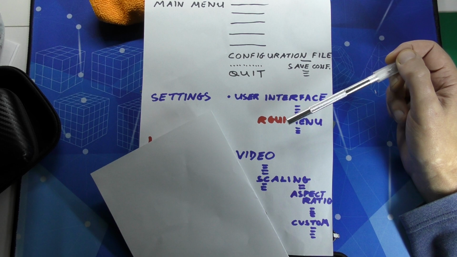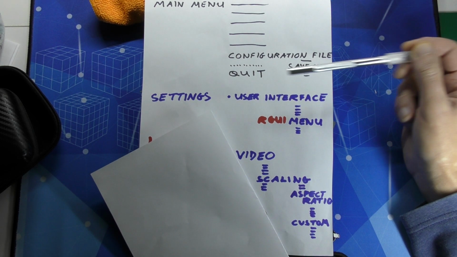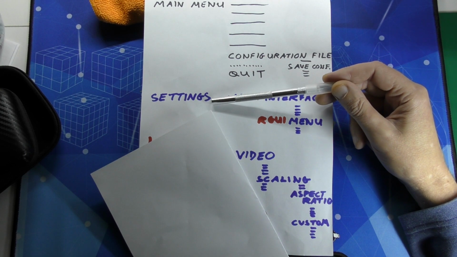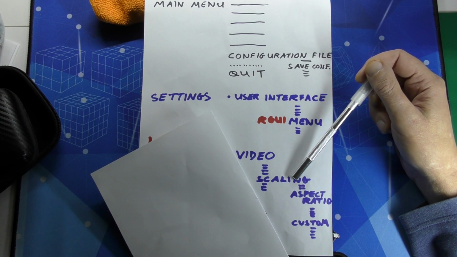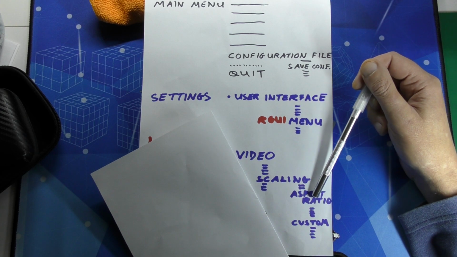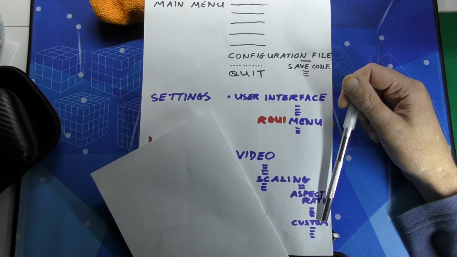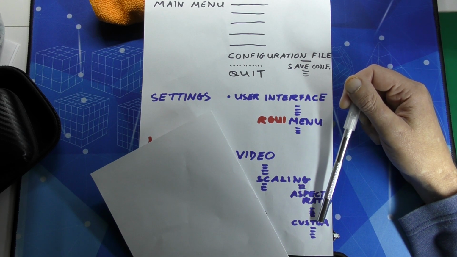Then when we've done that, we have to save our configuration and quit, and we'll come back to the menu, we'll come back to settings, and then we'll go to video settings, scaling, aspect ratio, custom, and then we can look in real time what our screen panel resolution is.